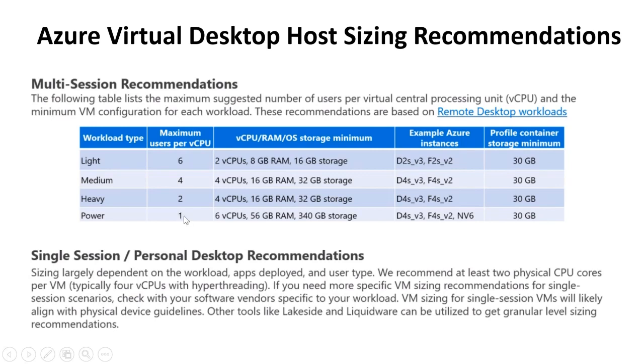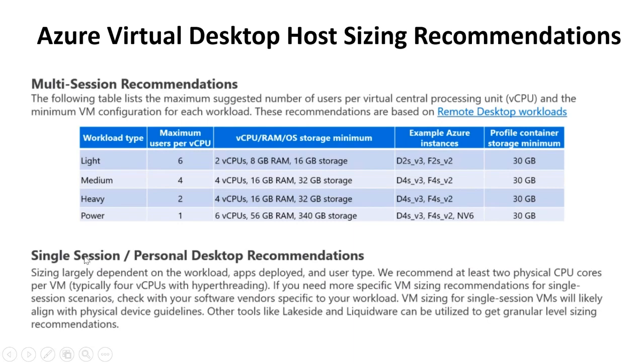Just have in mind one user per virtual CPU. Those are just some example recommendations of VMs or instances that we can use for those kinds of environments. But we have all the VM families available to run on this solution except the A series.